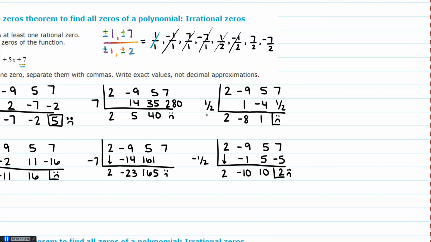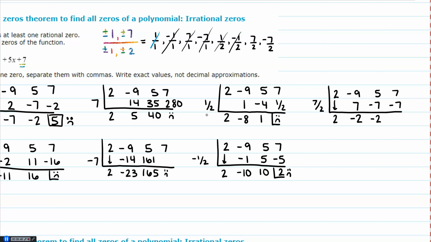Okay, let's try 2, -9, 5, and 7 with 7/2. So we'll bring that 2 down. 2 times 7/2, the 2's cancel and I get 7. -9 plus 7 is -2. -2 times 7/2 makes -7. 5 plus -7 makes -2. -2 times 7/2 makes -7.